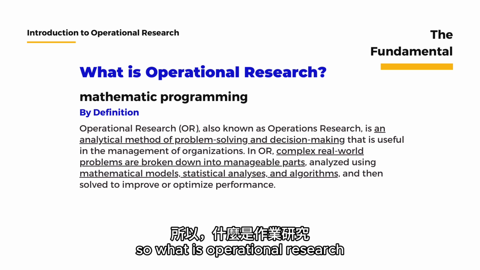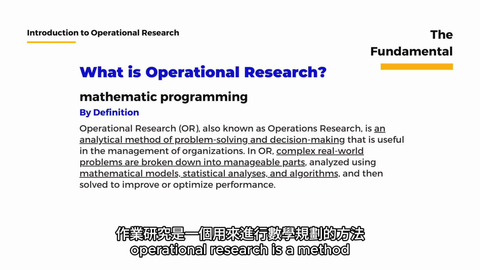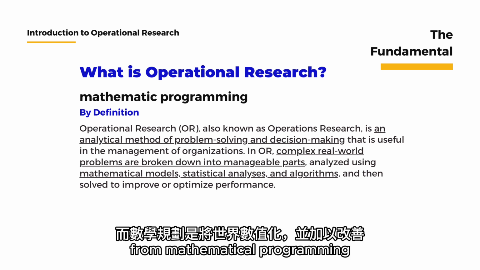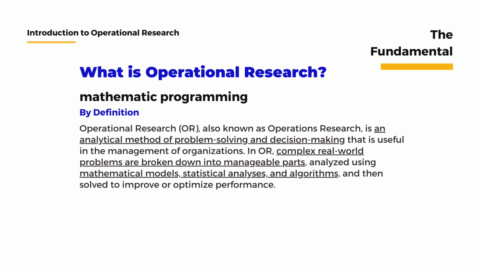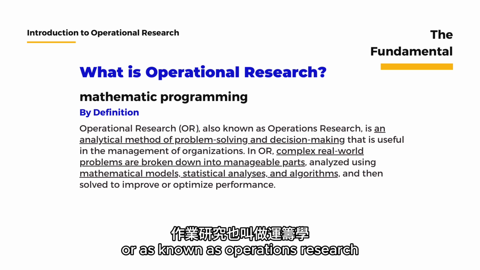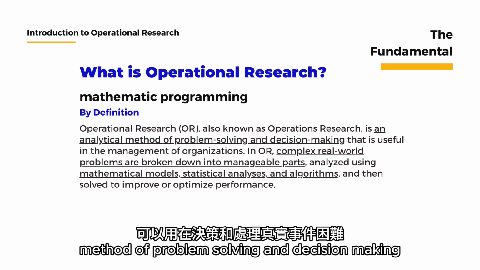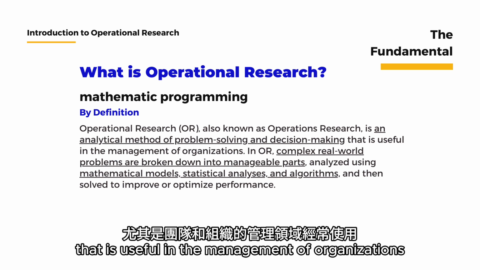So, what is operational research? Operational research is a method from mathematical programming. By definition, operational research, OR, also known as operations research, is an analytical method of problem solving and decision making that is useful in the management of organizations.